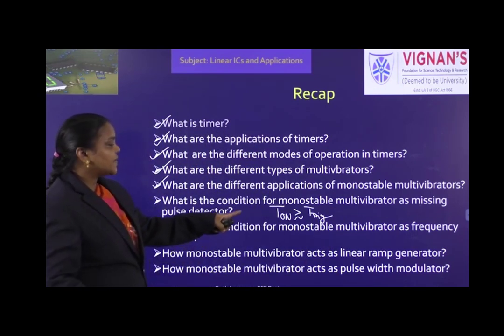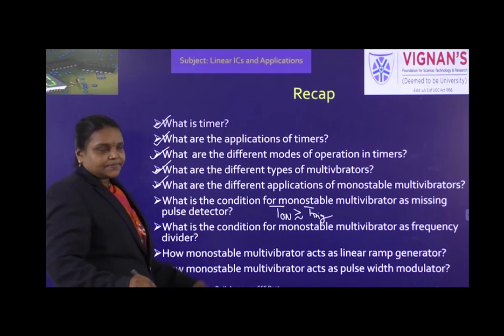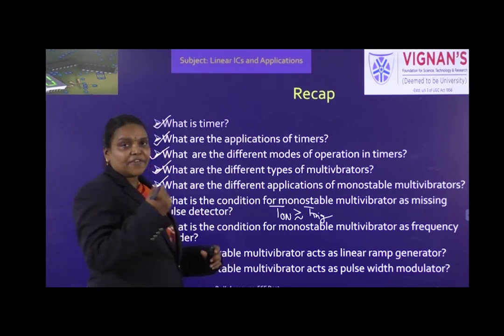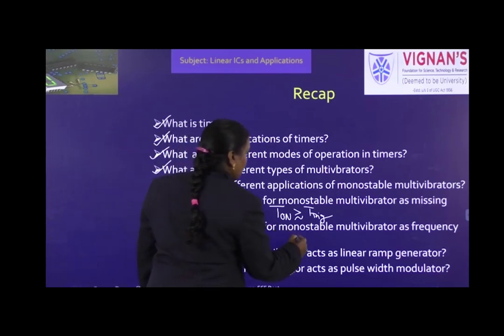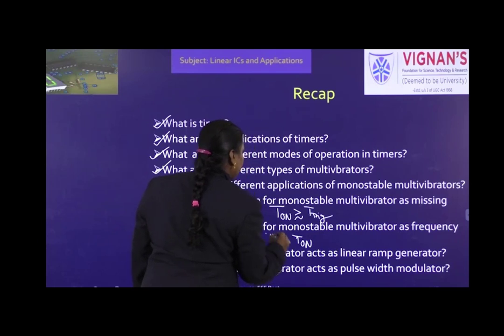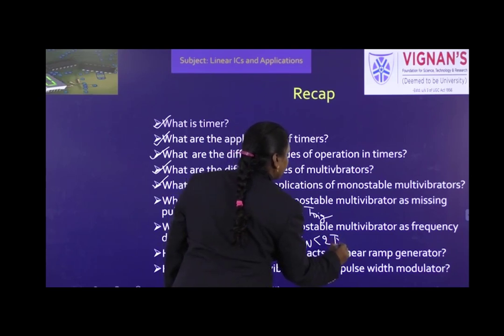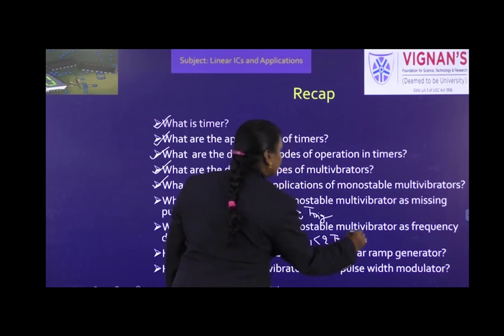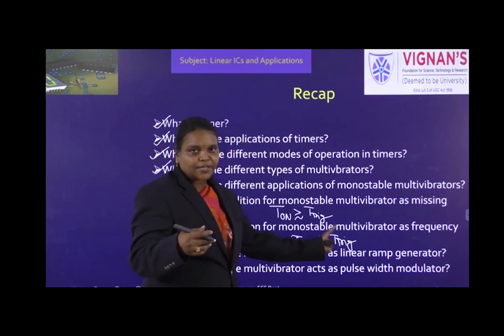What is the condition for monostable multivibrator as frequency divider? Suppose you need f by 2. Frequency division by 2 means your T on should be greater than trigger time period but less than 2 times trigger time period. If you need divide by 3, means here 2 triggers, here 3 triggers, like that.